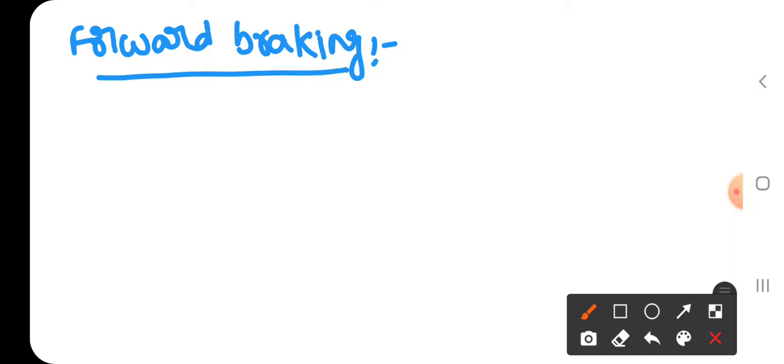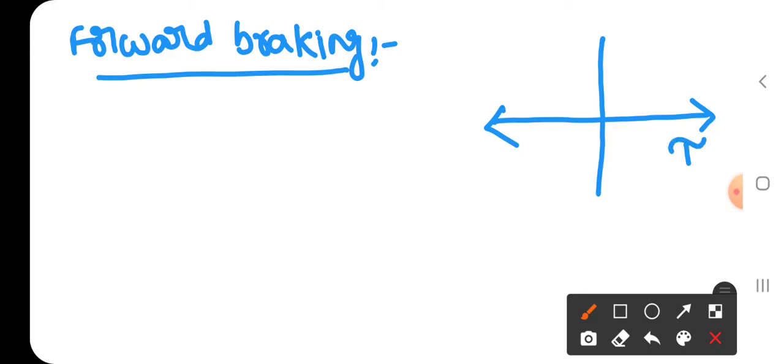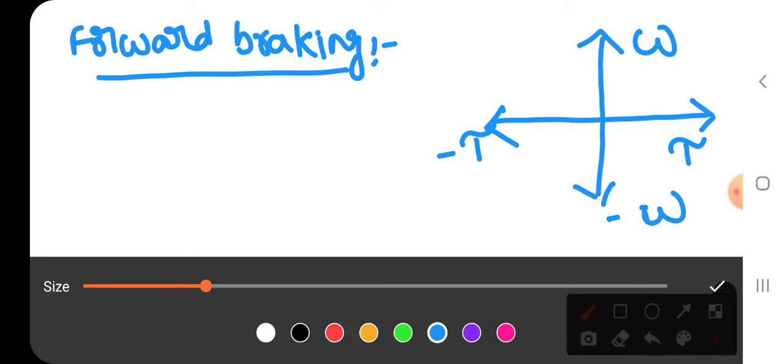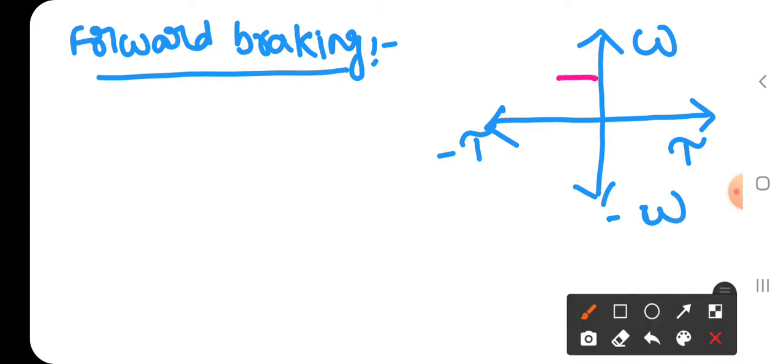Speed is positive, torque is negative. That means it may be like this. Torque, speed, minus torque, minus speed. The second quadrant comes under this portion.